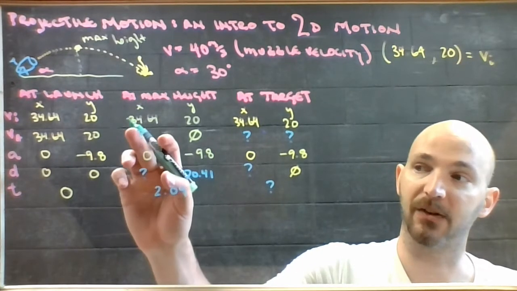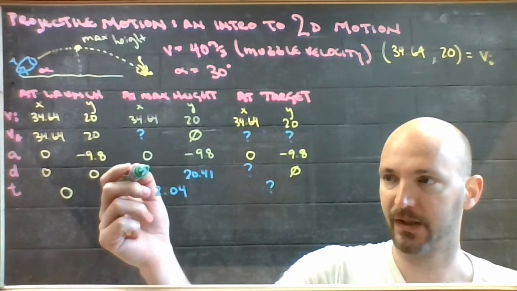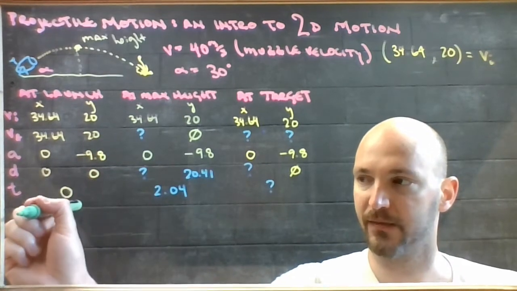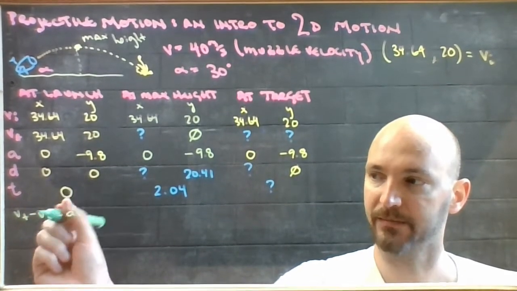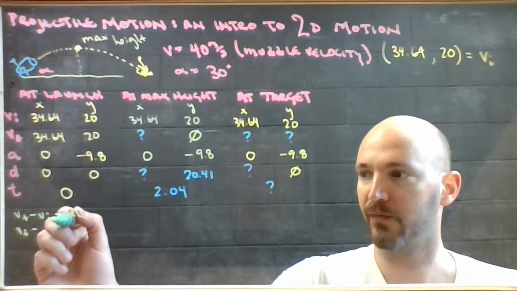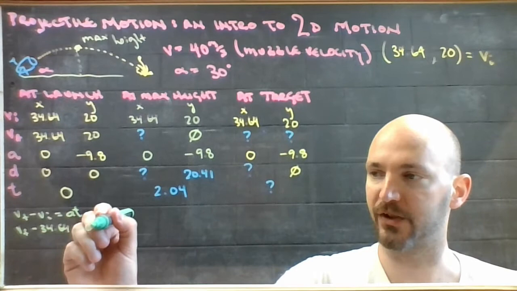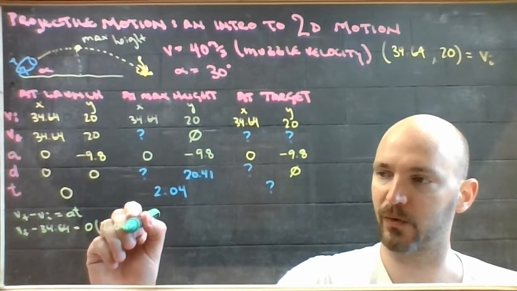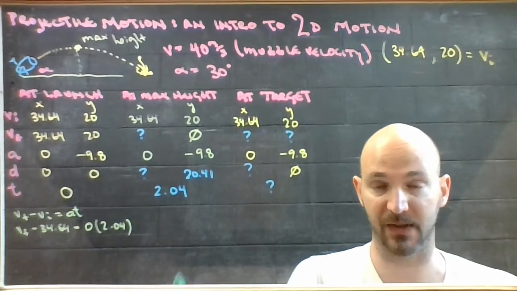And I need to calculate a final speed. So the equation that connects VI, VF, A, and T is VF minus VI equals AT. So V final, I don't know. V initial was 34.64. Acceleration is 0. Time is 2.04. All but one of the letters has been filled in, so I just need to solve.